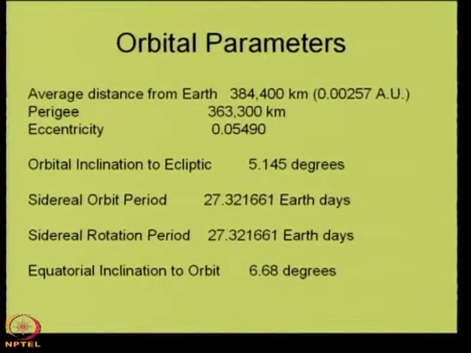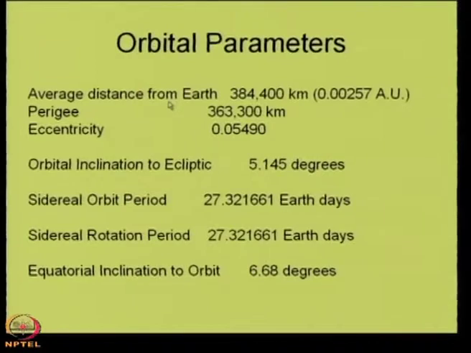Now, if you look at the orbit of the moon around the earth, the average distance from earth is 384,400 kilometers. It is a very small fraction, 1/4%, of the distance between the earth and the sun.